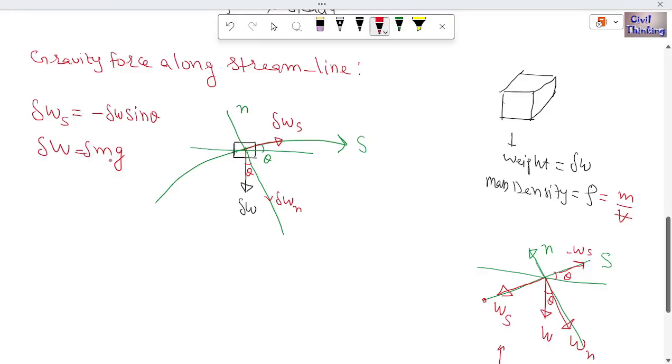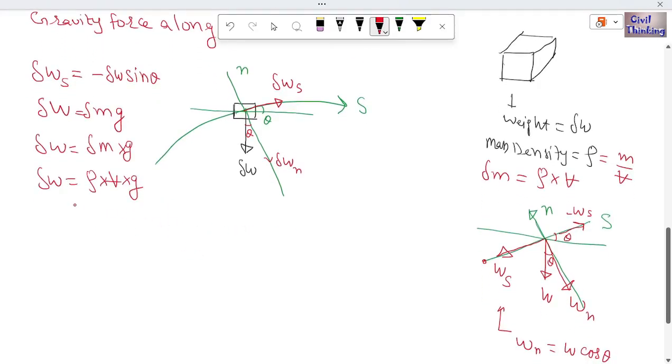So delta W is delta m times g, but delta m is density times volume. So we can write it as density times volume times g.